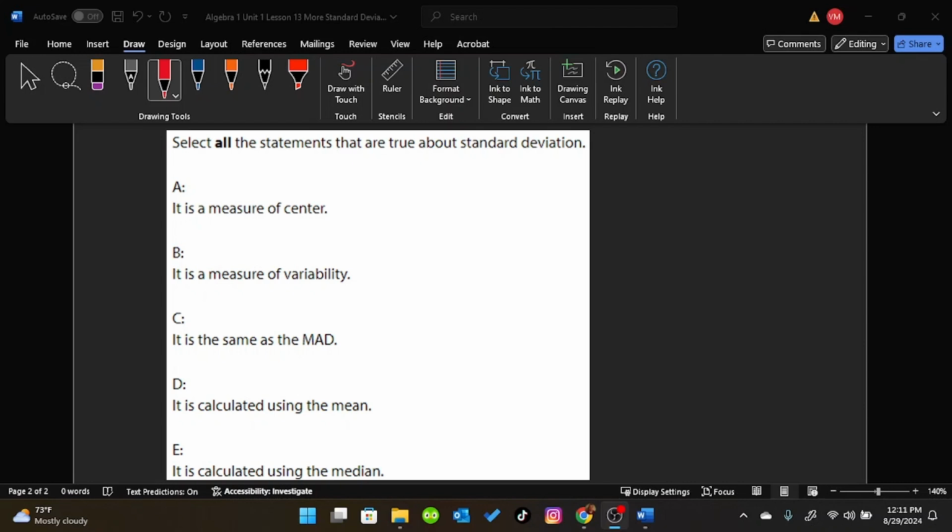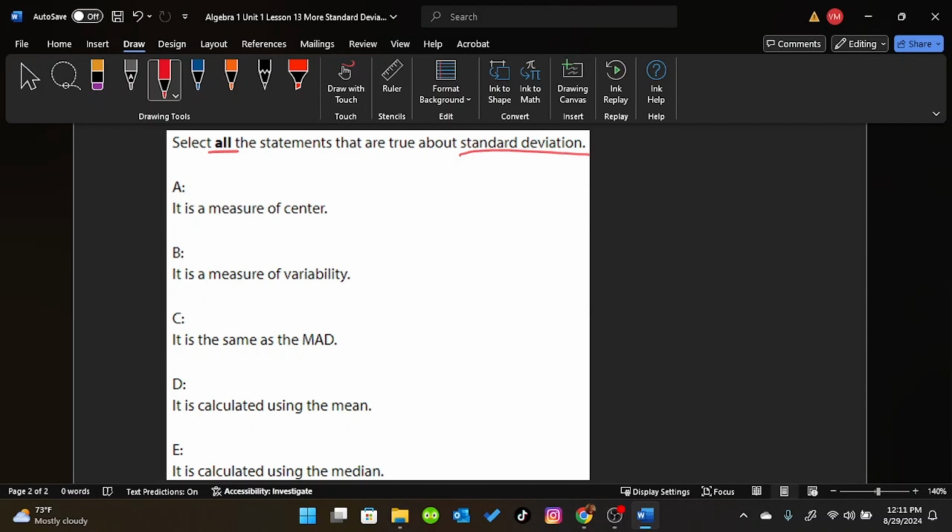Our last practice problem says select all the statements that are true about standard deviation. So first, notice that this says all. That means there can be more than one correct answer. Also notice that we are talking about the standard deviation.